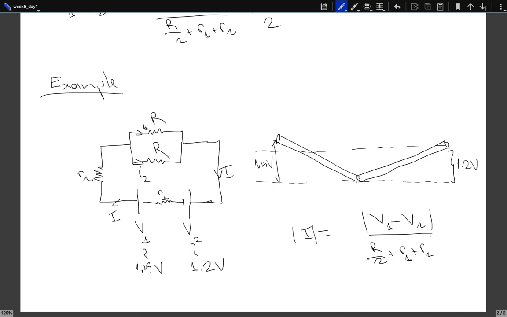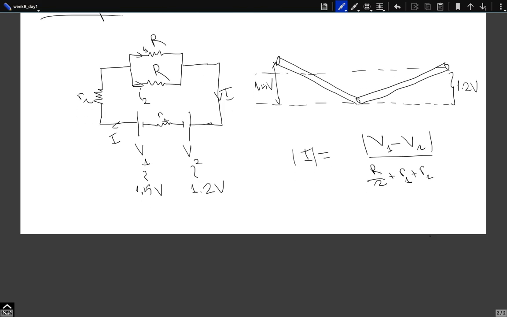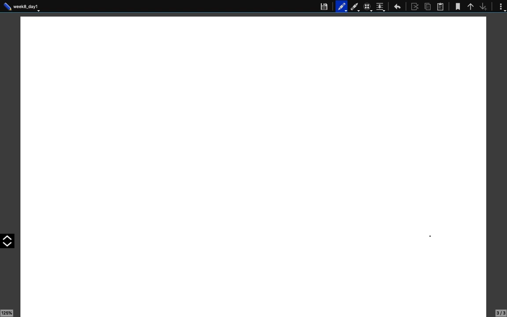Now, of course, these are just very simple systems that we looked at. Not all circuits are so simple. Even with the circuit elements we have, we can devise more complicated circuits.